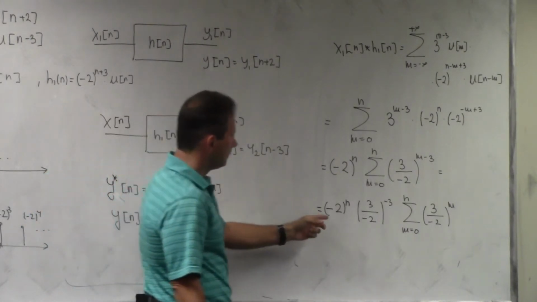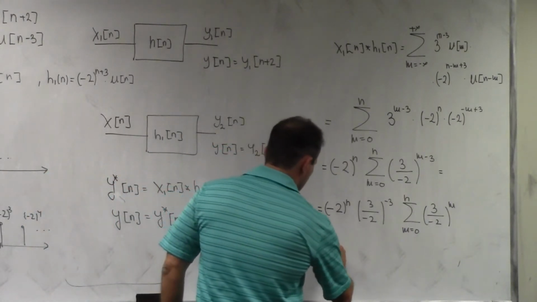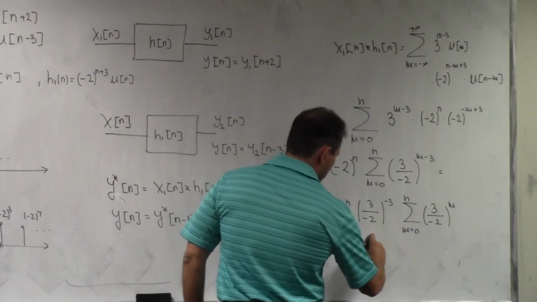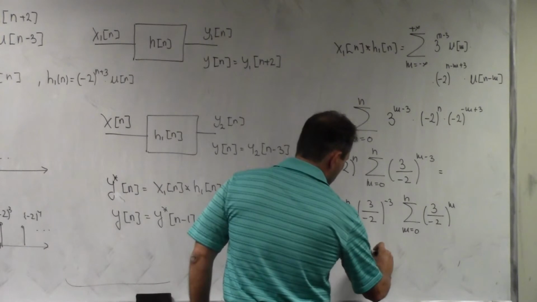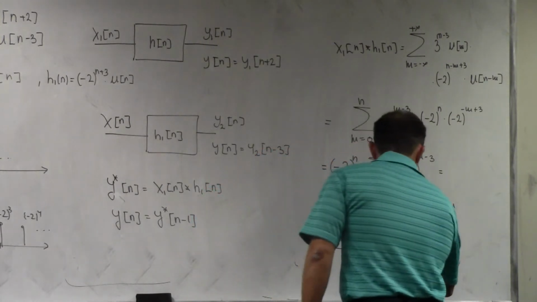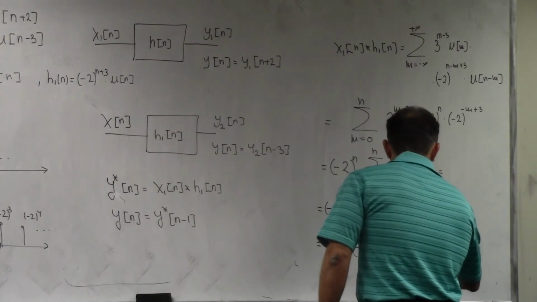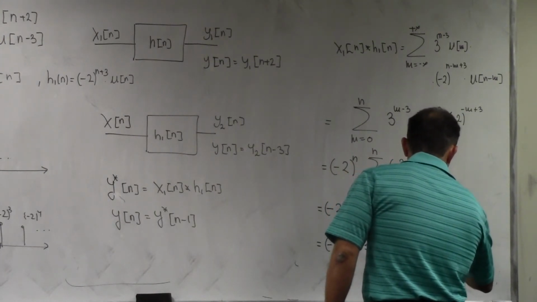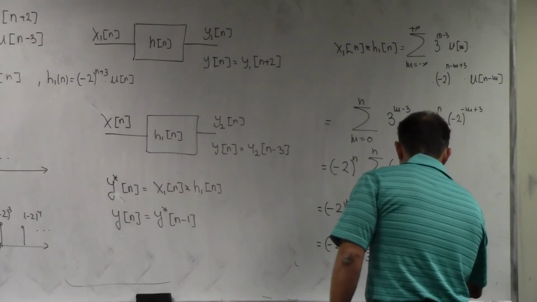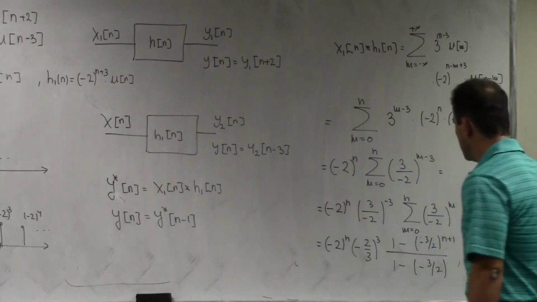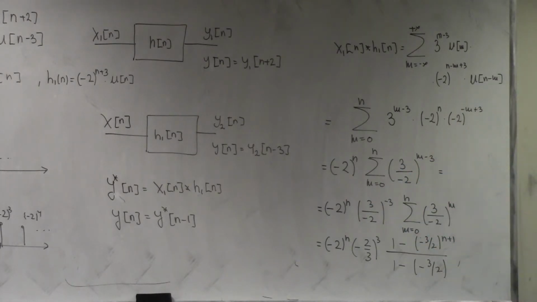And here, this becomes minus 2 to the n. I can say this is minus 2 over 3 to the power of 3. And this is 1 minus minus 3 over 2 to the n plus 1, over 1 minus minus 3 over 2. Right? And then you just clean this up a little bit.